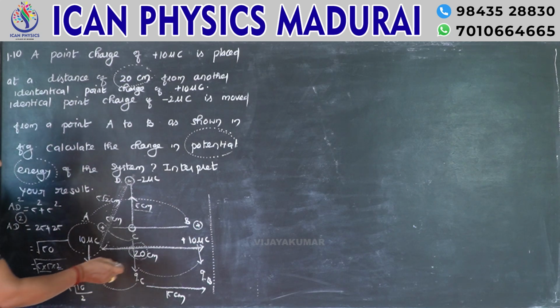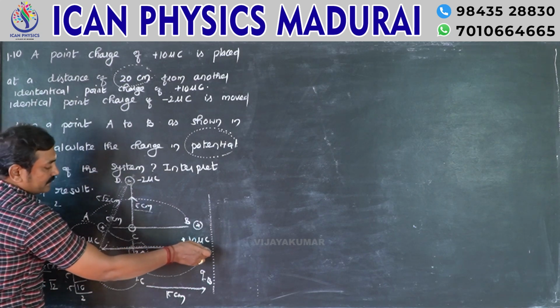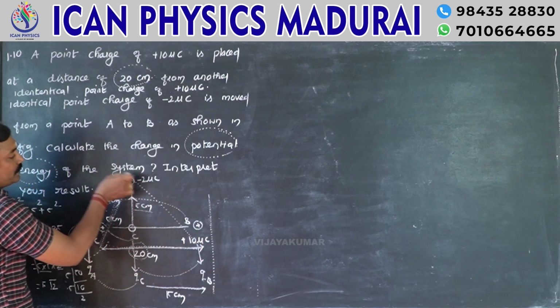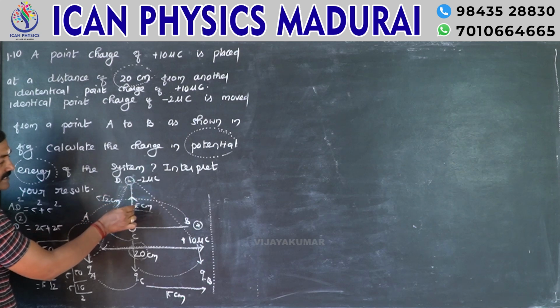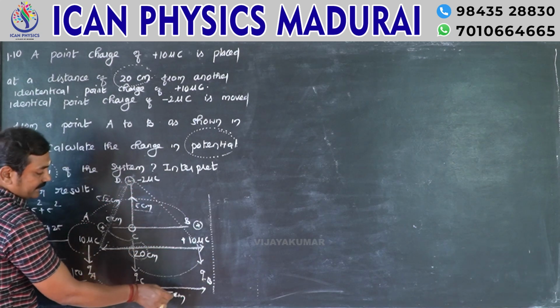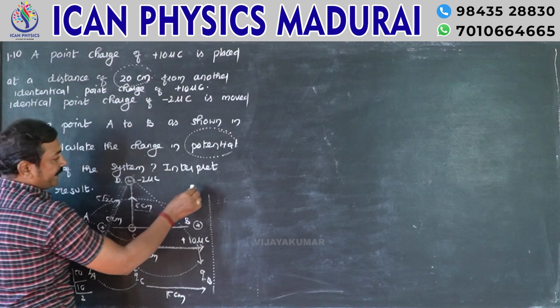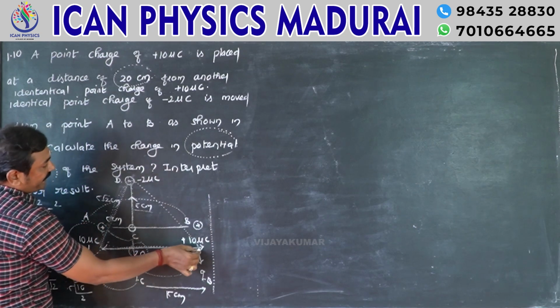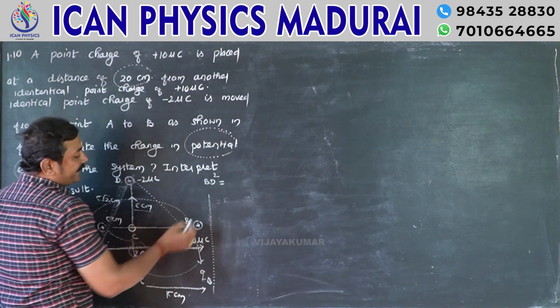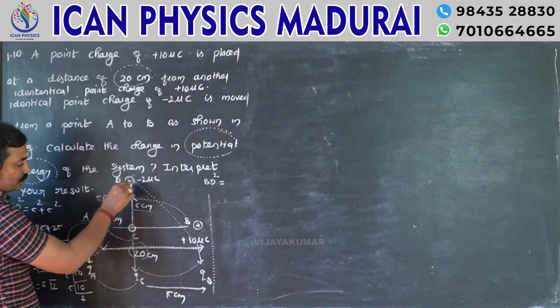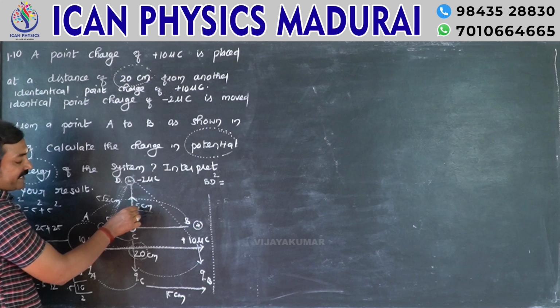Okay, fine. Now, the distance between B and D. From here to here, the distance is 5. From here to here, the distance is 15. Okay. So BD square, that is hypotenuse square, equals the sum of squares of the other two sides. This is the first side, taken as 5 square.